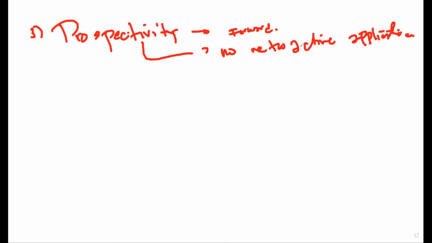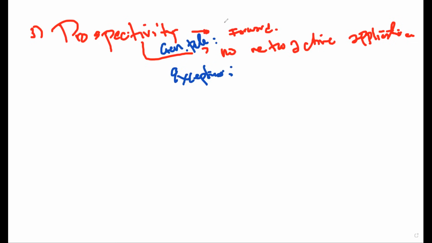Now, can it be given a retroactive application? There's again an exception. So this is the general rule: no retroactive application. There's also the exception where penal laws can be given a retroactive application.